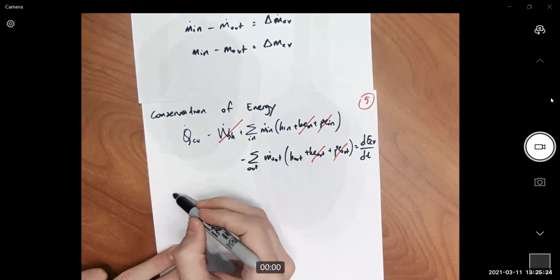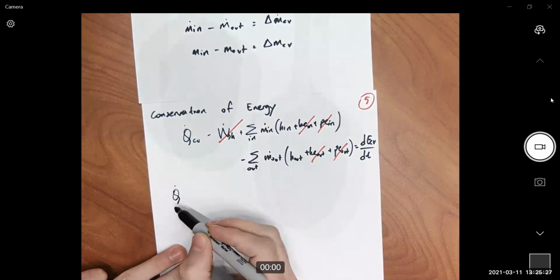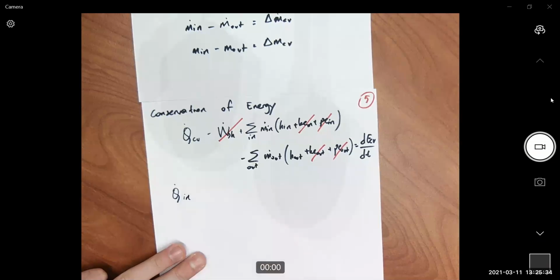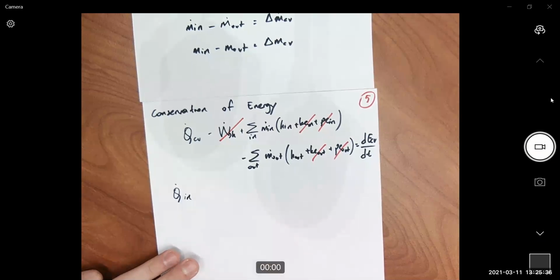So for Q control volume, you can either say Q control volume or assume it's Q in. Remember, I solved one problem last week. I picked Q in, but at the end of the solution I found Q out. Remember, it was minus instead of plus. Remember that problem?